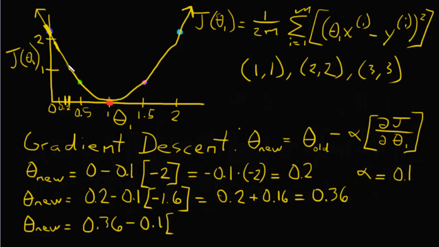If I look at that slope right there, it should be a little bit less steep than the ones that came before. So maybe that's negative 1.4. That would give me 0.36 plus 0.14, which would give me a new theta value of 0.5 right here.